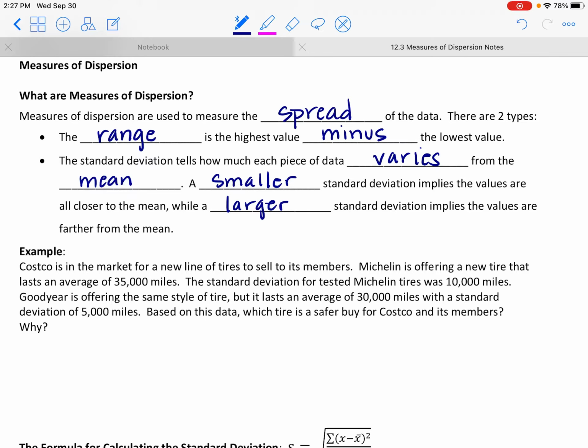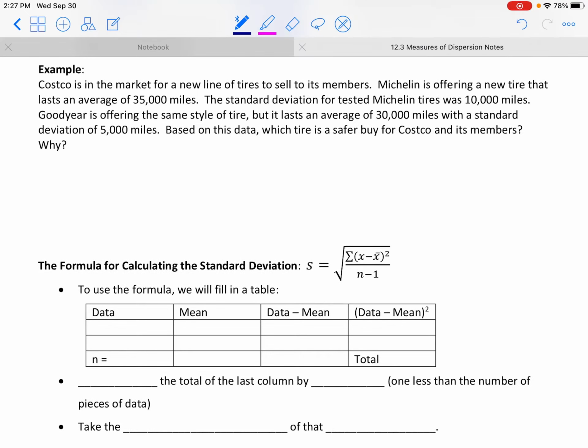Okay? So before we get into some calculations, I want to give you a big picture again about how this standard deviation works, okay? So here's another example like the electric car one I mentioned a second ago. Let's say that Costco is in the market for a new line of tires to sell to its members. And you know Costco, if you've ever been a member, they try to get you good deals, okay? So we've got Michelin.